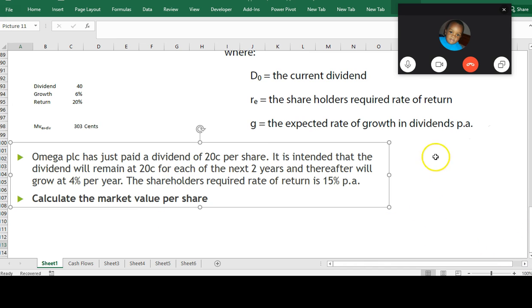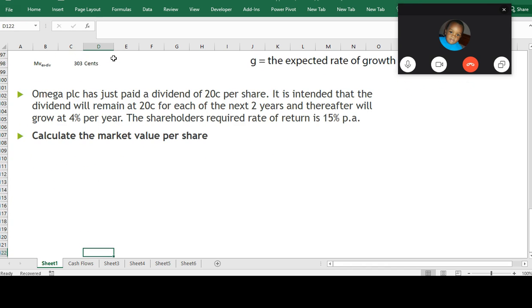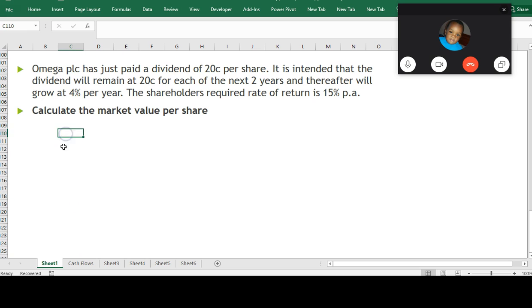So here, first, we need to know the dividend currently paid, which is 20 cents. Then we need to know the growth, which is 4%. Then we also need the rate of return, which is 15%.